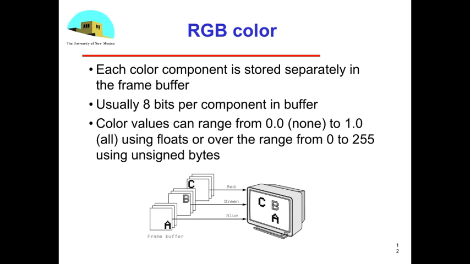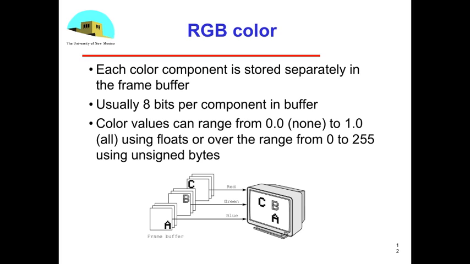Now, let me look a little bit at color, both traditionally and how we use it. We're going to be using RGBA color. What that means is that on the output end, in terms of the hardware, there's usually 8 bits per component in the buffer.